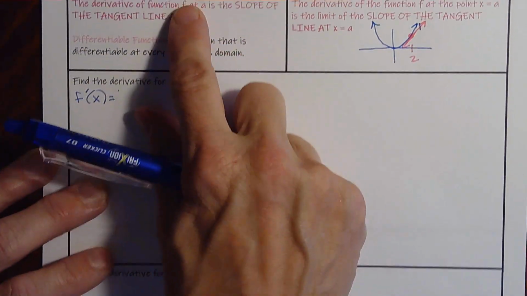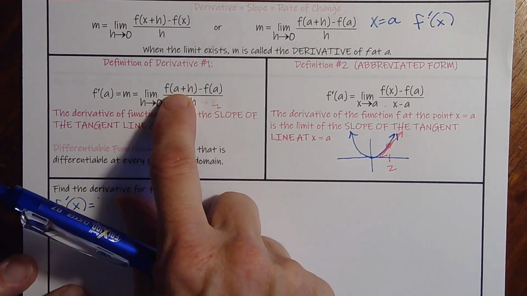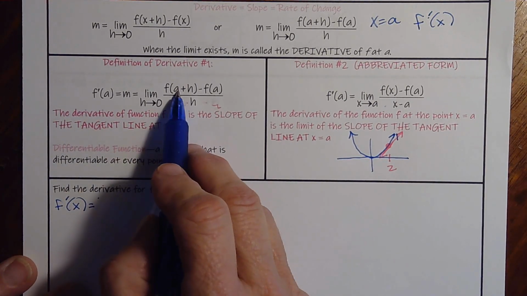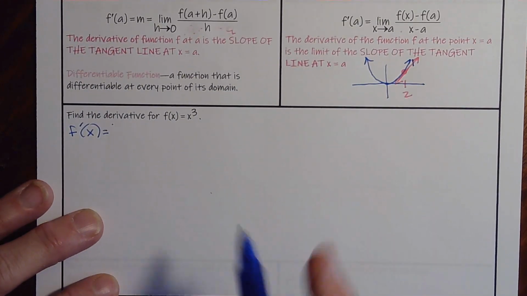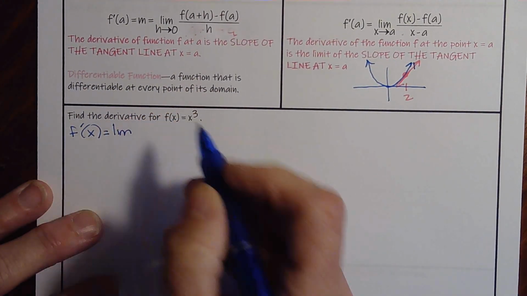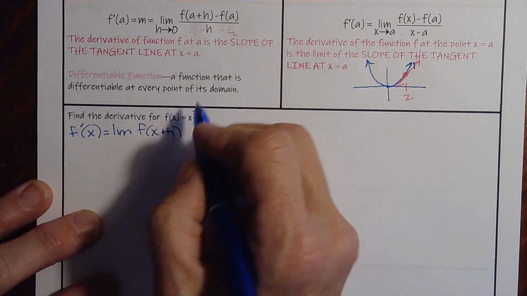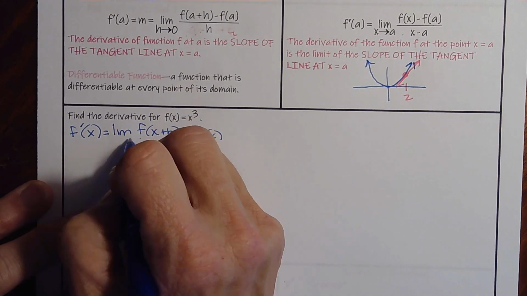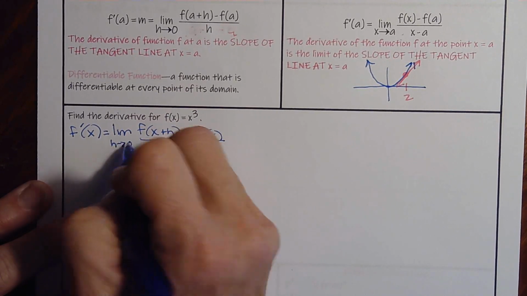In this scenario, remember, a represents a specific number, but since I don't have a specific number here, I'm going to simply use x for a in both of those. So I will find the limit of f of x plus h minus f of x all over h as h approaches 0.